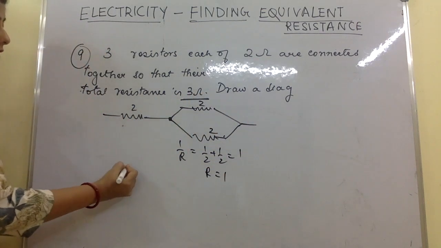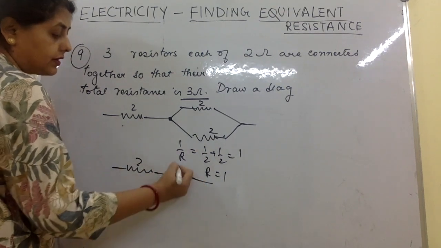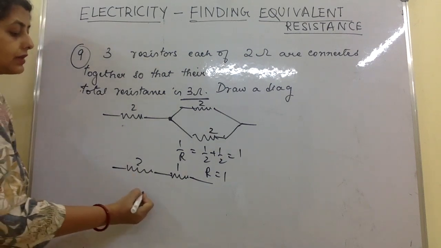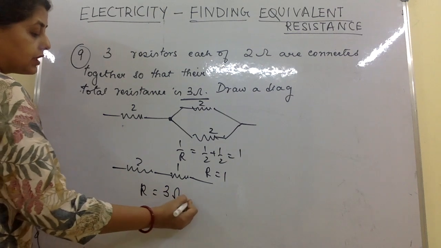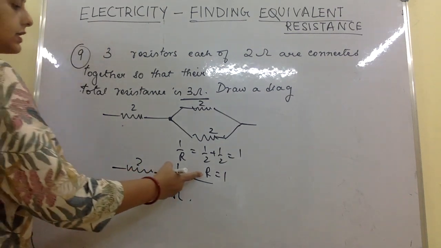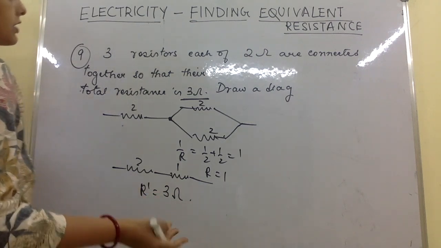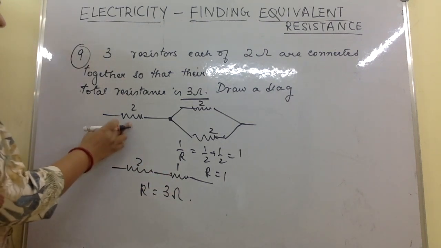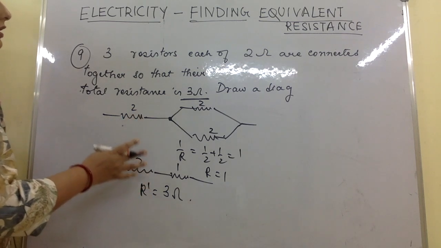So the circuit now changes to 2 and then this is a 1. So 2 plus 1, the equivalent resistance of this part is 3 ohms. If you take this as R, let me take this as R dash, that is 3 ohms.